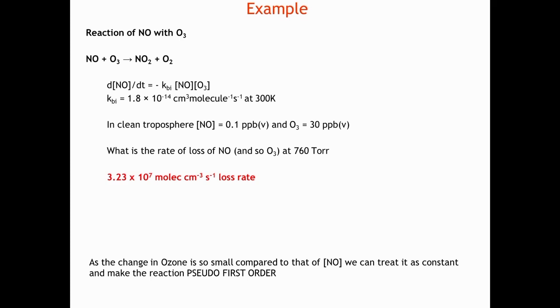So we have 1 divided by k times ozone. So this is 1.8 times 10 to the minus 14. What's the ozone concentration?